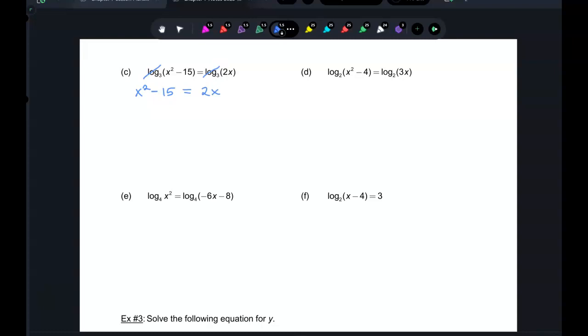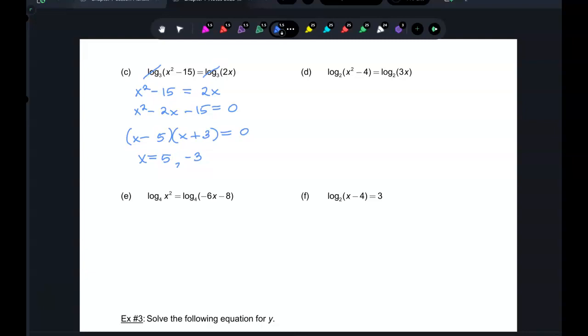Okay, x squared minus 2x minus 15. What two numbers multiply to that? Minus 5 plus 3. Okay, that means we should get x equals positive 5 and negative 3.